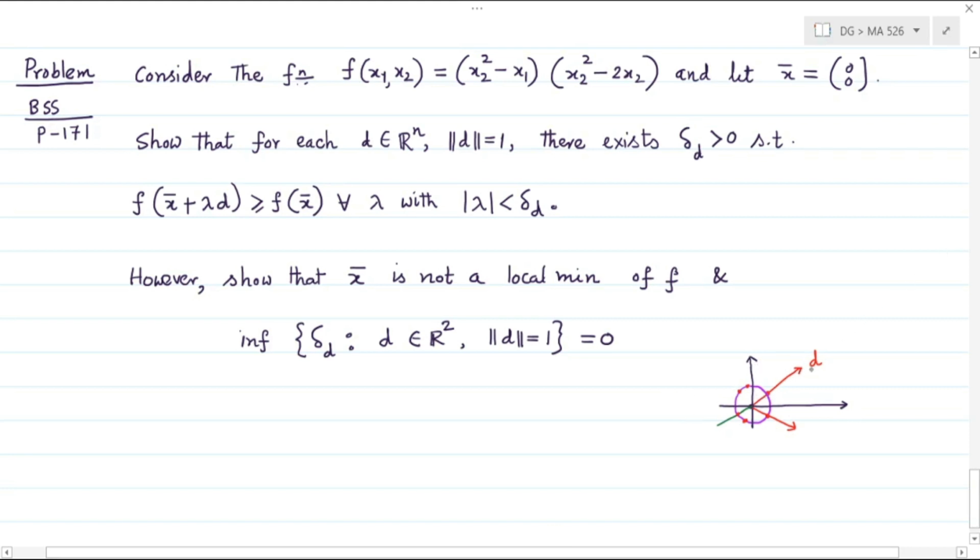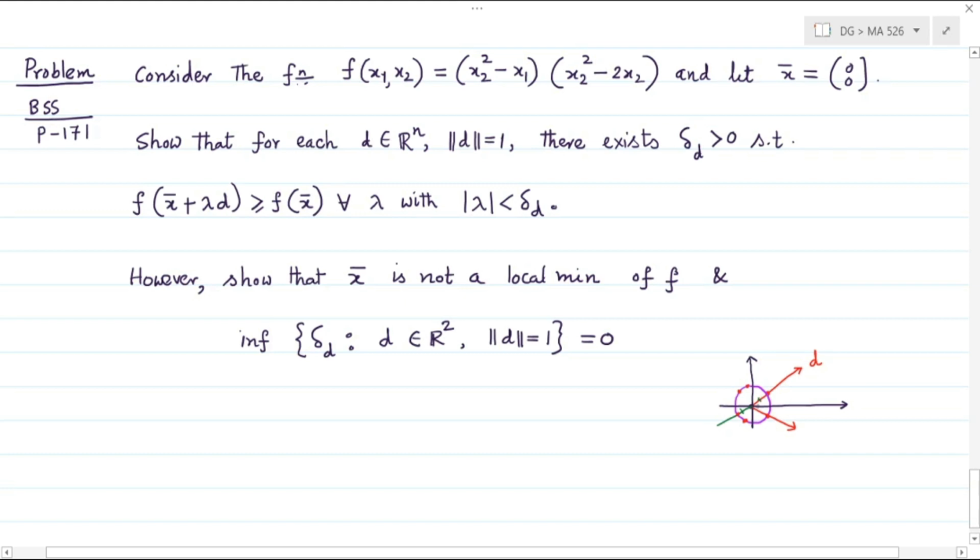And in this direction your reduced function of two variables is reducing to this function of one variable lambda. And then we note that corresponding to this d you have a delta d. So you have a delta d means you have a length here. Let's suppose my length is from here to here. So this much length, origin to this green point, is my delta d.